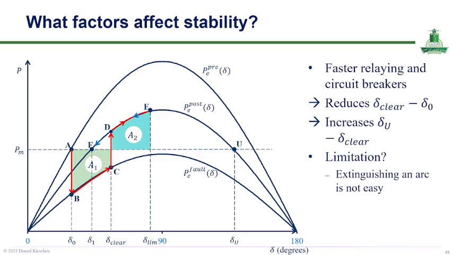So this increases the stability margin and allows the system to withstand larger disturbances. However, the practical limitation is that extinguishing the arc in circuit breakers cannot be done instantaneously.